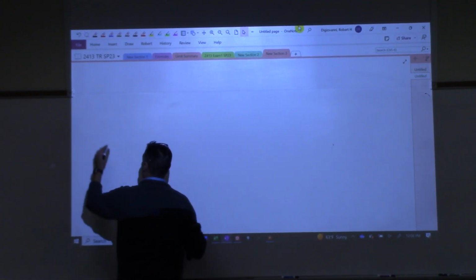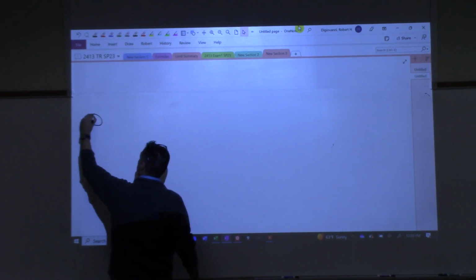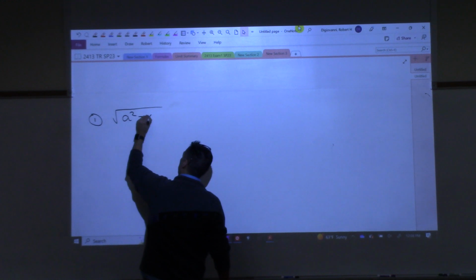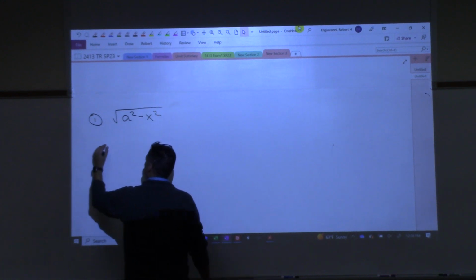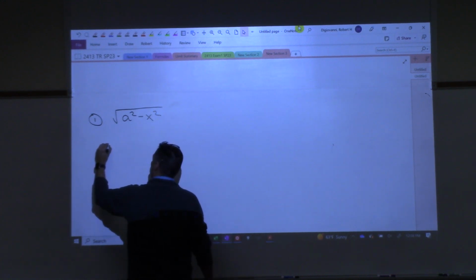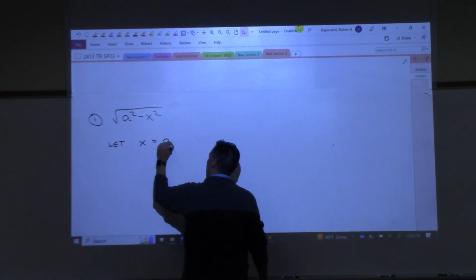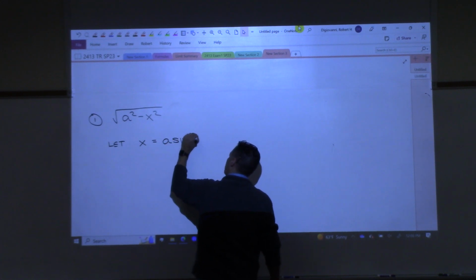If we get this form, that's the first form, right? If we get this, then what we're going to do is this. We're going to let x be equal to a times sine of theta.